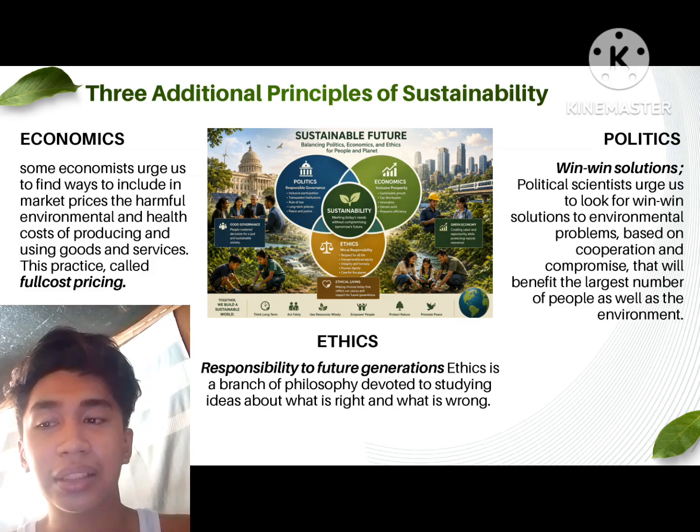This practice is called full cost pricing. So, the politics has win-win solutions. It urges us to look for win-win solutions to environmental problems based on cooperation and compromise that will benefit the largest number of people as well as the environment.